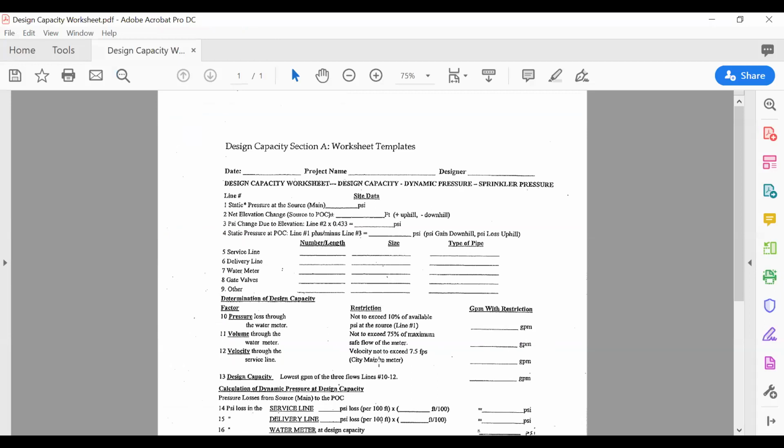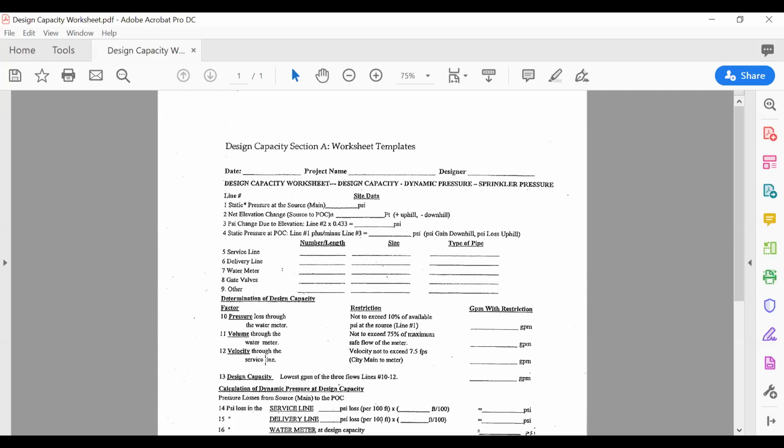Now our velocity, we cannot exceed 7.5 feet per second. And that's from our what? Is that our service line or delivery line? Service line, right?